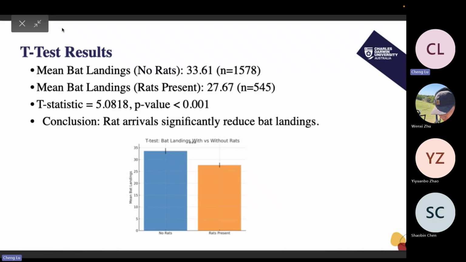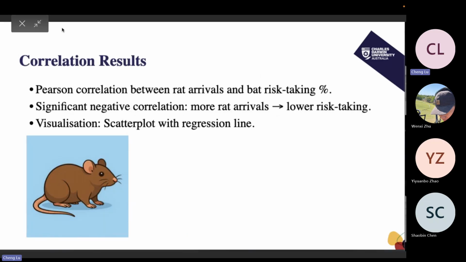The test statistic is approximately t equals 5.0 with p less than 0.001. So we reject the null hypothesis. Practically, rat presence suppresses bat landing activity in those time bins.